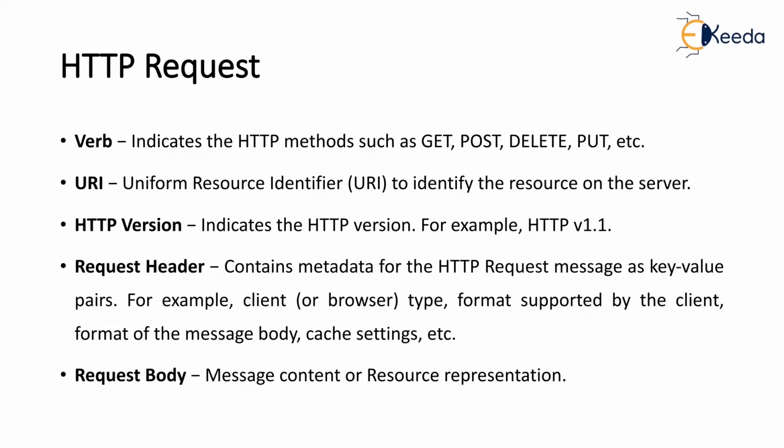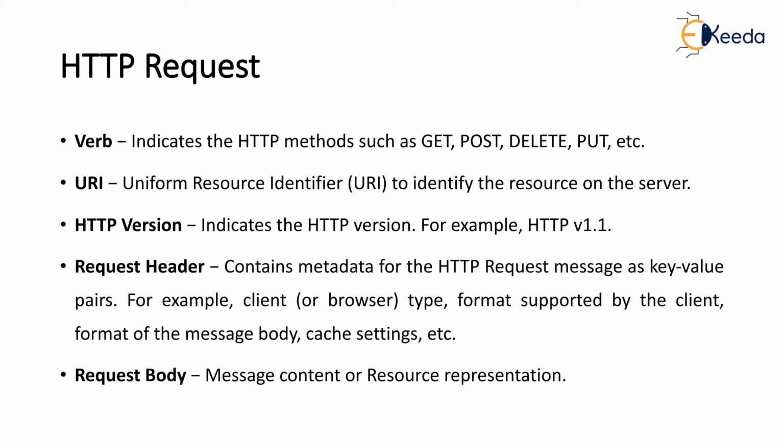Now the HTTP request. The request has five things: first the verb, second the URI, third the HTTP version, fourth the request header, and fifth the request body. The verb indicates the HTTP method type. REST interfaces usually involve resource repositories with identifiers, for example a device network, which can be operated using standard verbs like get, post, delete, put.